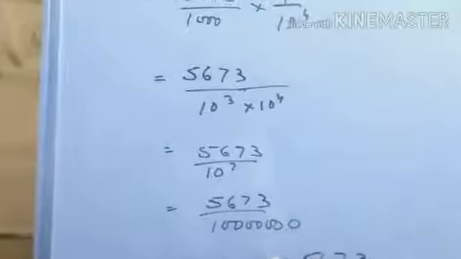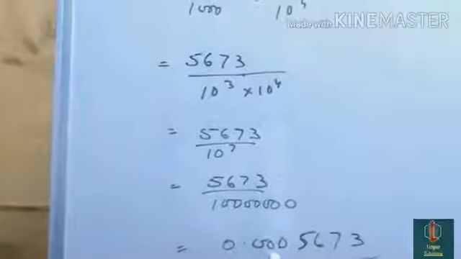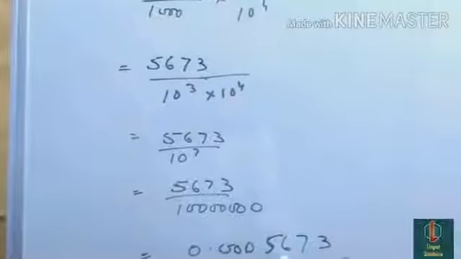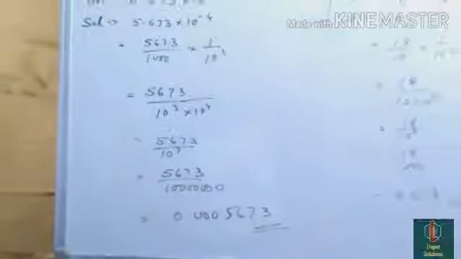Here it is 10 to the power 7 is equal to 0.0005673. This is the answer.